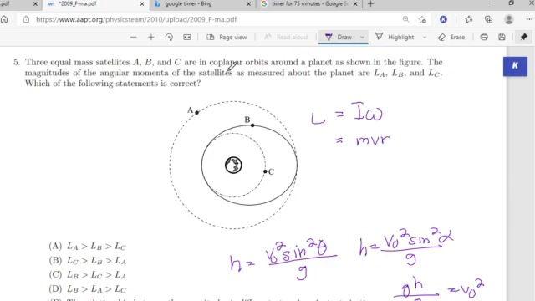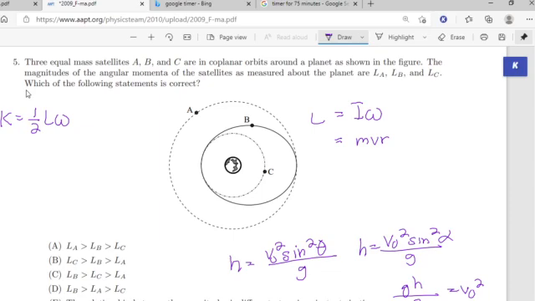Coplanar orbits, angular momentum. Actually, what we could do is, K is equal to 1/2 times this. Or actually, we can know.